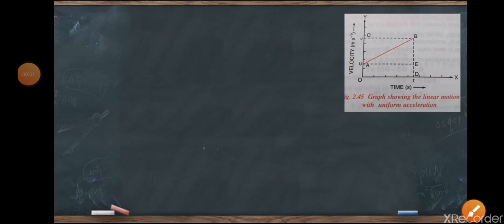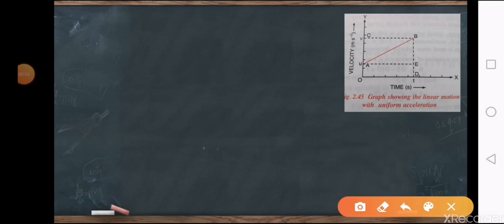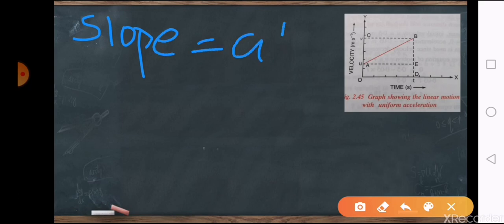Now, to derive the first equation of motion, we are going to consider the case that the slope of a velocity time graph will give you acceleration, right? So, this is the point we are going to take. Now, you just come to the graph. When you see the graph, your graph is going to be line AB. Now, according to this, the slope of this line AB means whatever is the velocity here divided by the time.